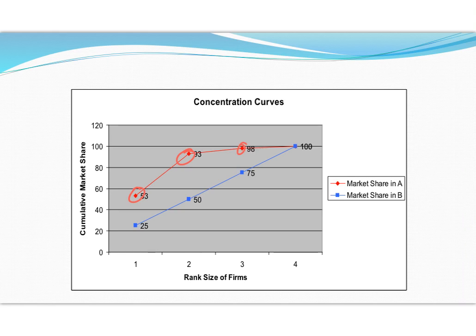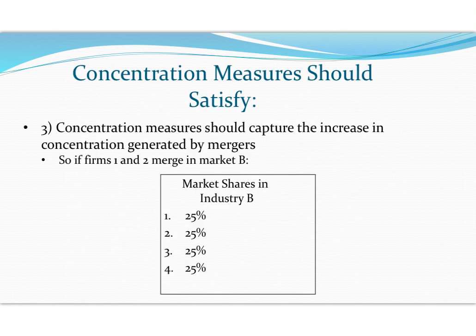But if you remember property 1, if one lies above the other, that's the more concentrated market. So all that's happened here is the market has become even more concentrated. Basically, the gap between the concentration curve of market A and the concentration curve of market B, the red and blue lines, is getting bigger because market A is getting even more concentrated.